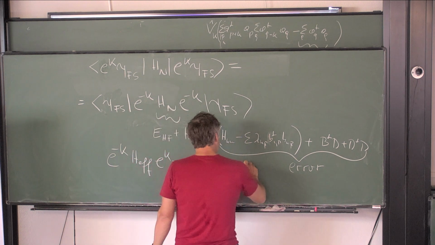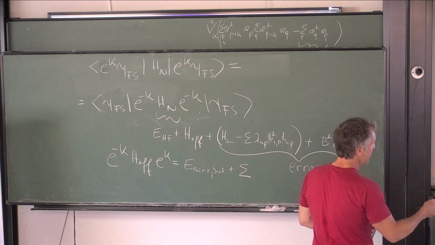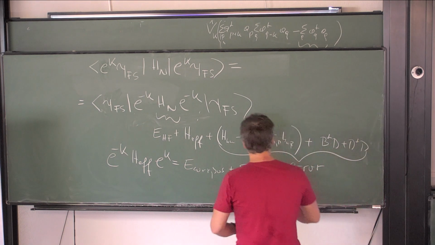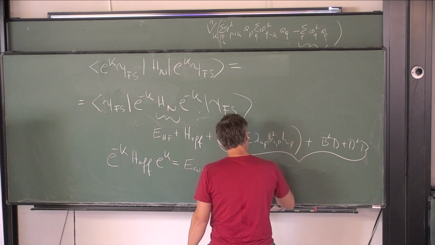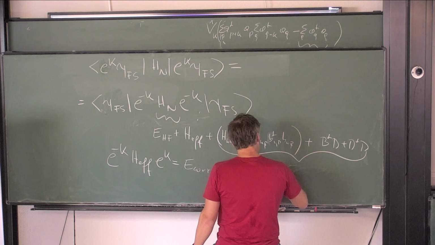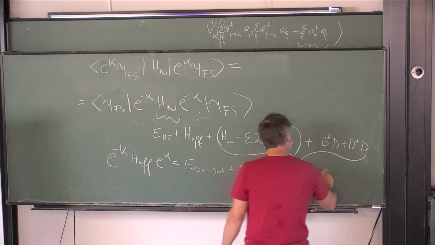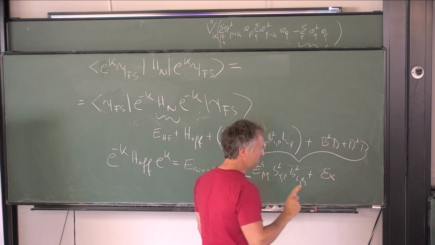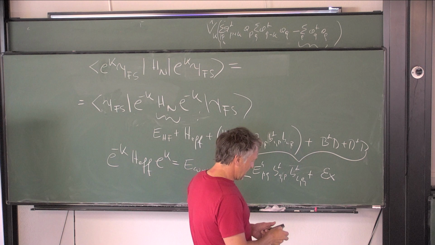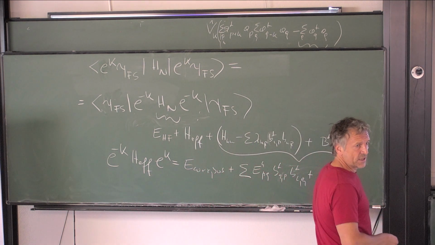Then you basically diagonalize this part, so you get something which is diagonal in the B, something E of k, P and Q, B star Kp, B star Kq, plus something which comes from the exchange term, which comes from the fact that these things are not bosons, but really fermions.